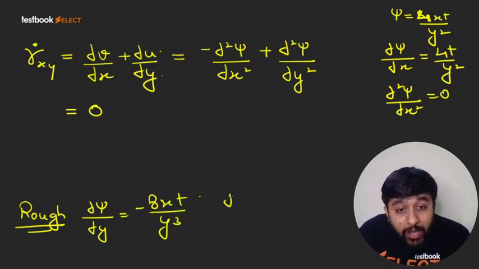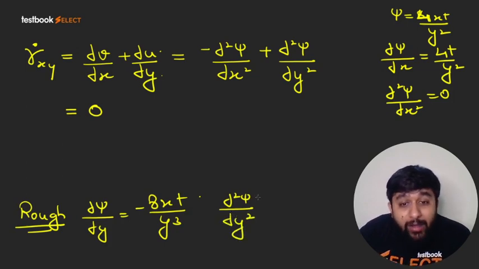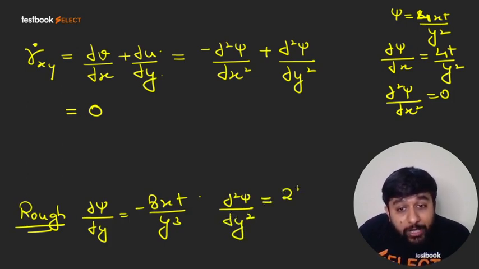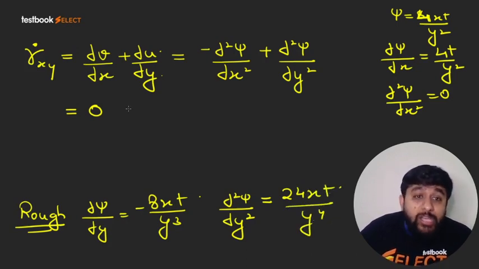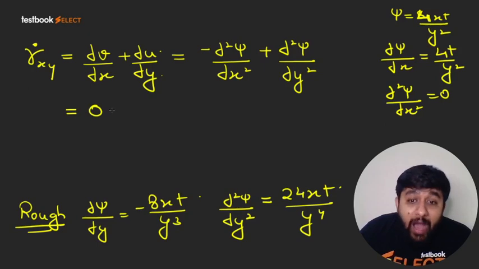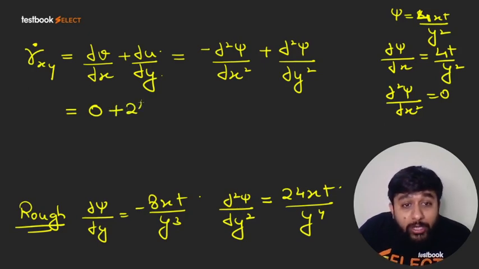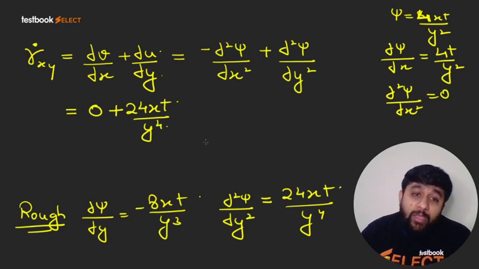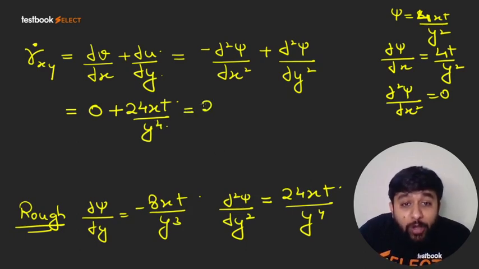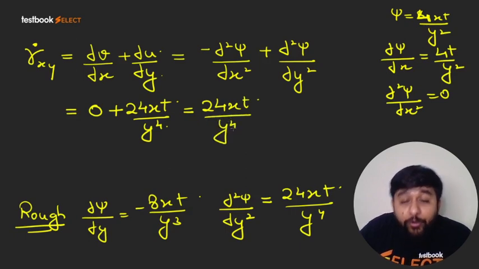And if I differentiate again, del square psi by del y square will become 24xt by y raised to power 4. So the other term, del u by del y, is non-zero. It is 24xt by y raised to power 4. So this is the final expression of gamma dot xy: 24xt by y raised to power 4.